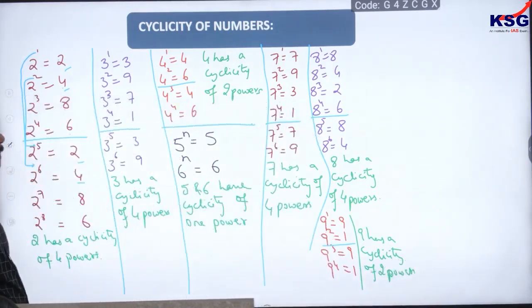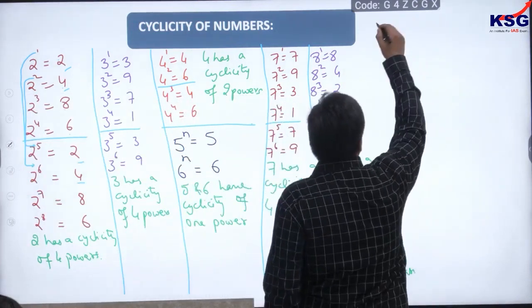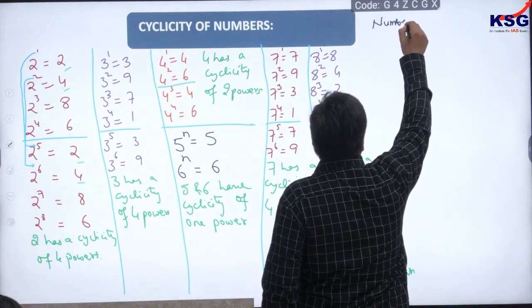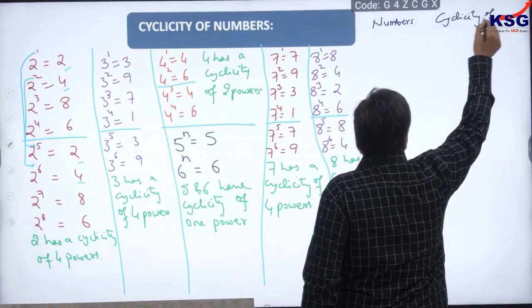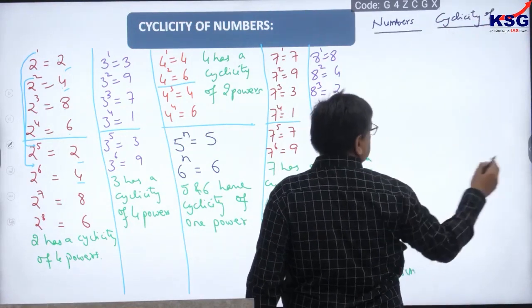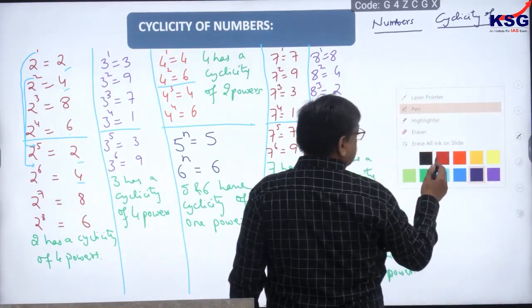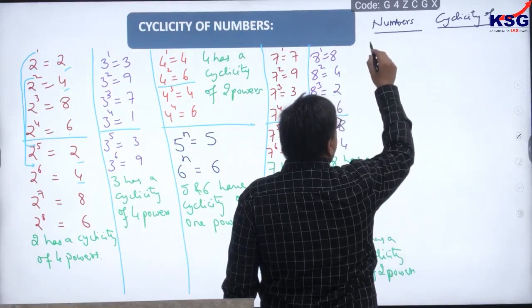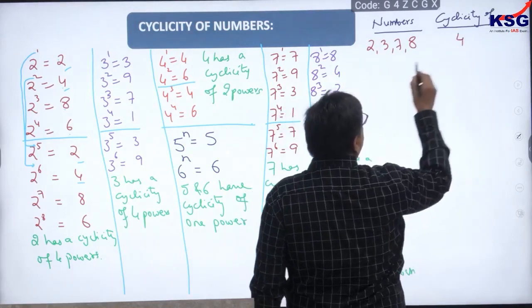All clear? So from this, there are two things that we observe, which you must remember for solving all the questions. Numbers like 2, 3, 7, 8 have cyclicity of 4 powers.